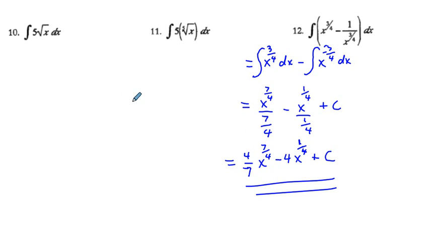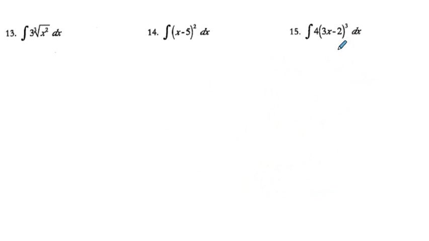All right, let's go on to number 13, not number 15. And so here we have 4 times quantity 3x minus 2 cubed. And so cubing is going to be quite an expansion. So we're going to go back to our binomial theorem expansion, and if you recall, a power 3 expansion is done by the coefficients 1, 3, 3, 1, and you can work it out quickly with Pascal's triangle, but I won't even do that.